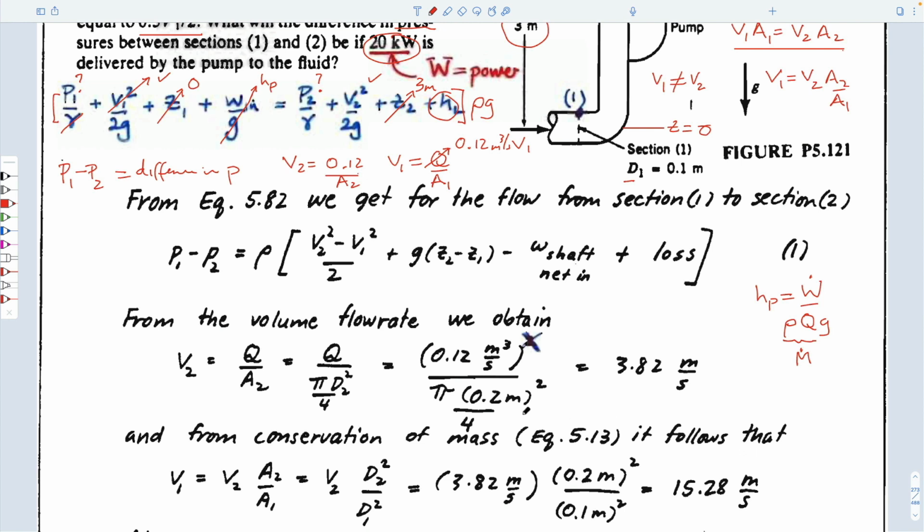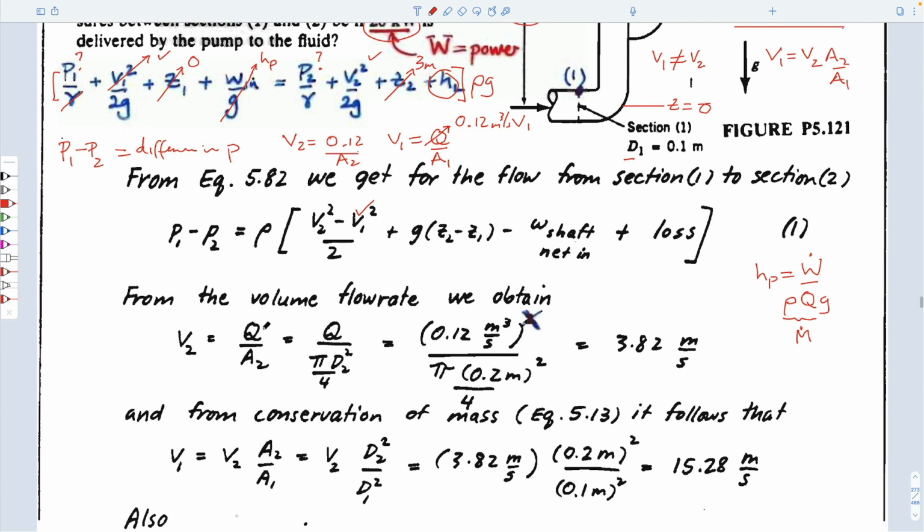So we have these terms, and we just need to figure out exactly, we know what velocity 1 is, because it's the volumetric flow rate divided by the cross-sectional area. We have a diameter, so we can get V1 or V2, you can do either one. The volumetric flow rate is constant. The area of flow for V2 is pi d squared upon 4. It gives us a value of V2.